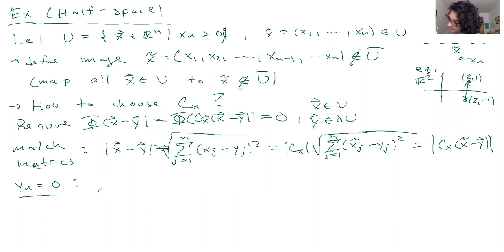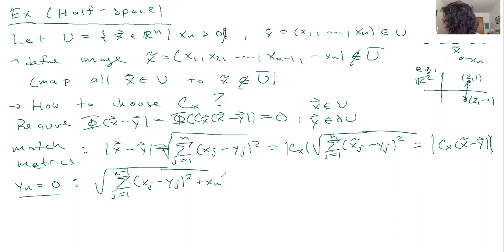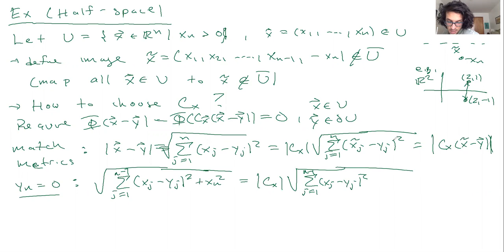Well, in that case, the sum from j equals 1 up to n minus 1 of (xj minus yj) squared, and then I have the xn squared term, is equal to Cx times the square root of the sum from j equals 1 up to n minus 1 of (xj minus yj) squared plus xn squared, because I'm just squaring it, so I get rid of the minus sign.